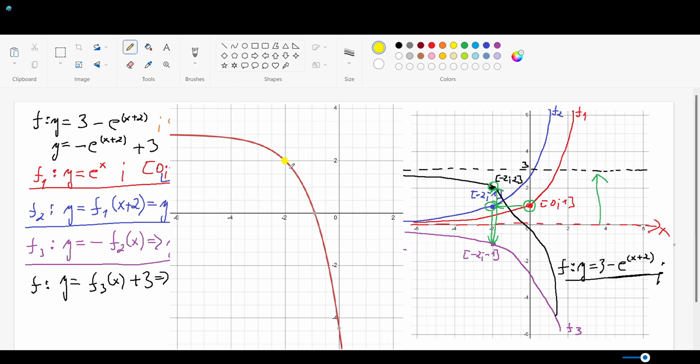As you can see, the function in Desmos really passes through the point with the coordinates -2 and 2, so we are correct. And the asymptote, though it is not very clear, really passes through the point 0, 3, and the function never touches the line defined by the equation y equals 3.